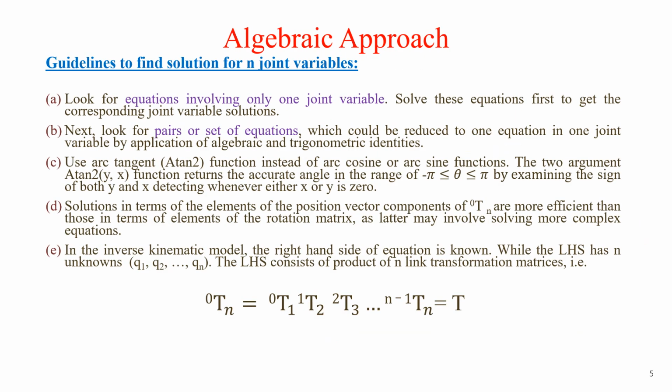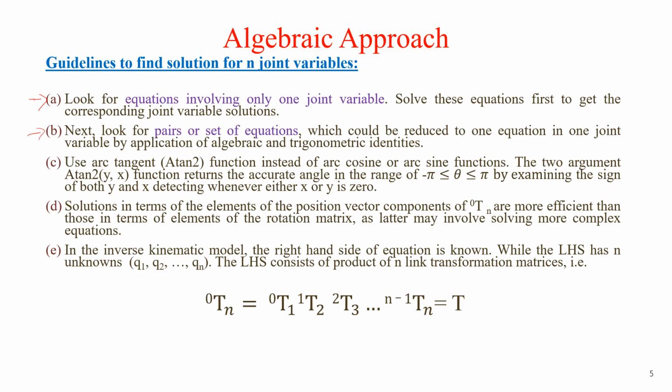Now, using the algebraic approach, how to determine the inverse kinematics, we will just see the steps. First guideline is that the equation should involve at least one joint variable. Once you solve for this joint variable, the remaining joint variables will be solved correspondingly.